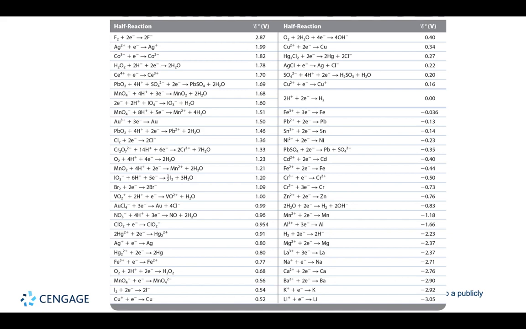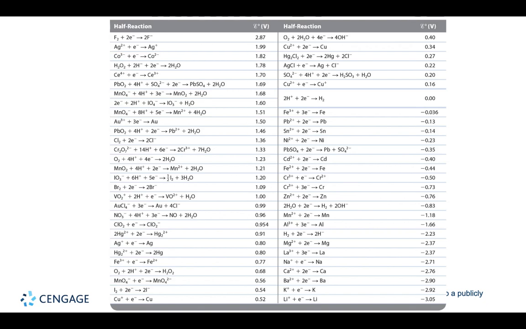So if you go to the left side and go down about 8 or 9 rows, you see MnO4 minus plus 8 H plus plus 5 electrons yields Mn plus 2 plus 4 waters, and it has an associated standard reduction potential for that reaction of 1.51 volts.